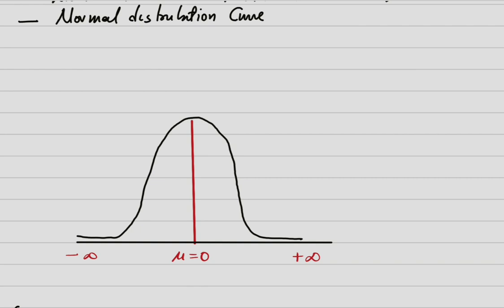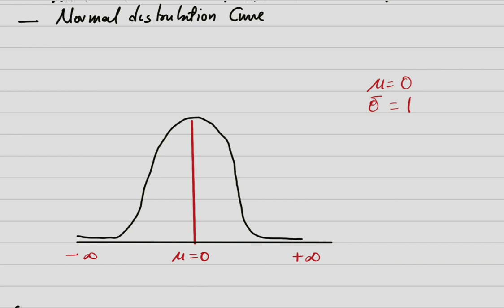Now, this is a curve on the screen. It's a bell-shaped curve, and it spans to positive infinity and negative infinity. One thing that we need to know is that for a standardized score, we take the mean to be 0 and the standard deviation to be 1.